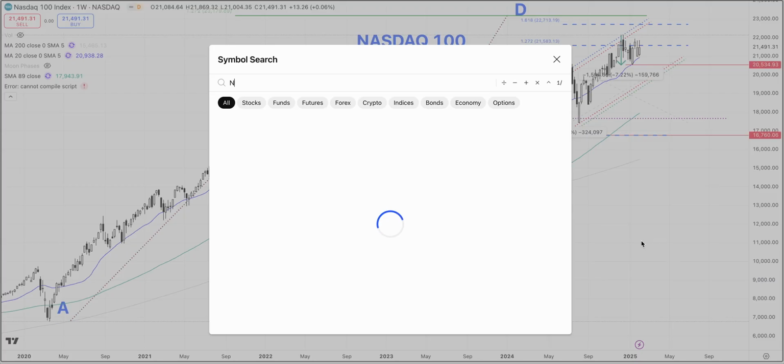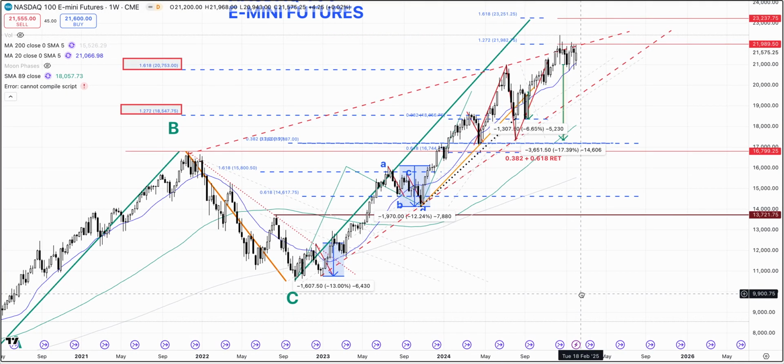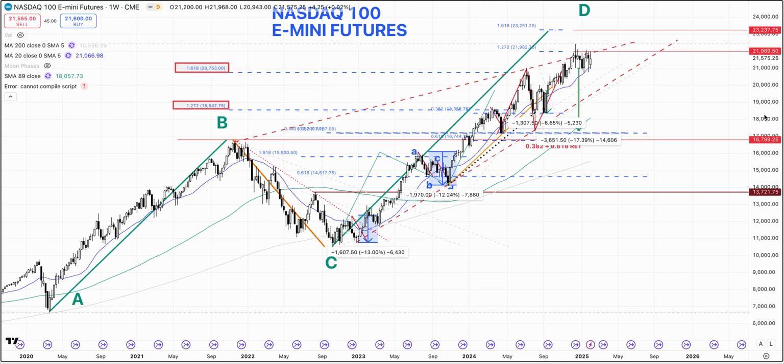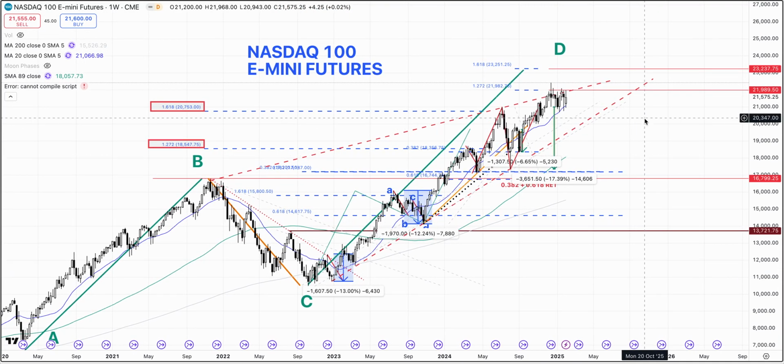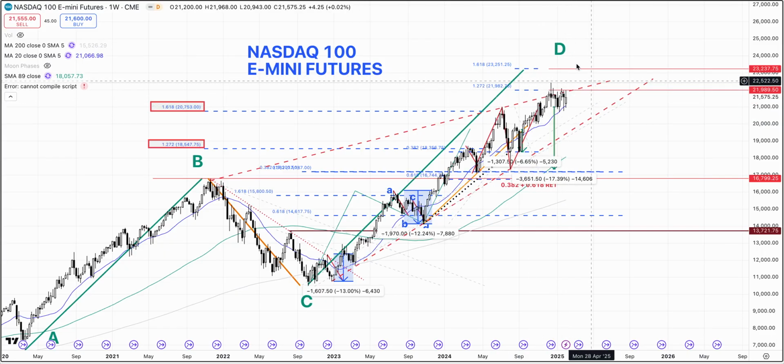Now let's take a look at this, but on the futures chart, here we go. On the futures chart we can see that with the extended CD leg for the ABCD, I could actually see us go to 23,250 perhaps. For a number of weeks, around a couple of months actually, a little less than a couple of months, the market is just range bound after hitting our key level of 22,000.